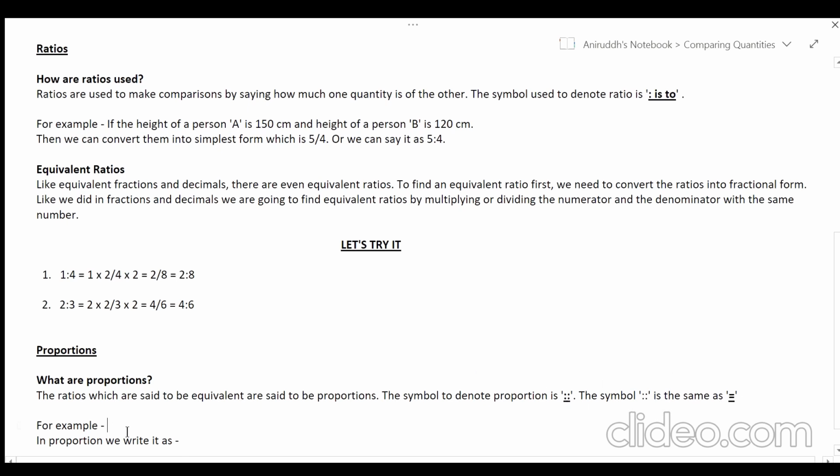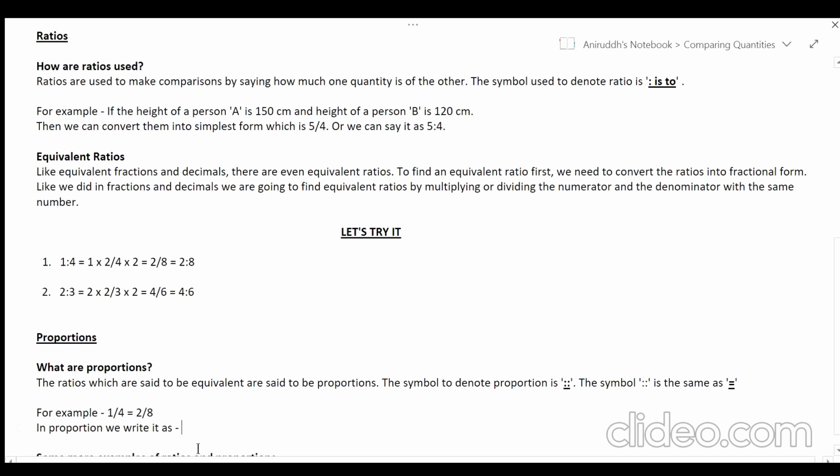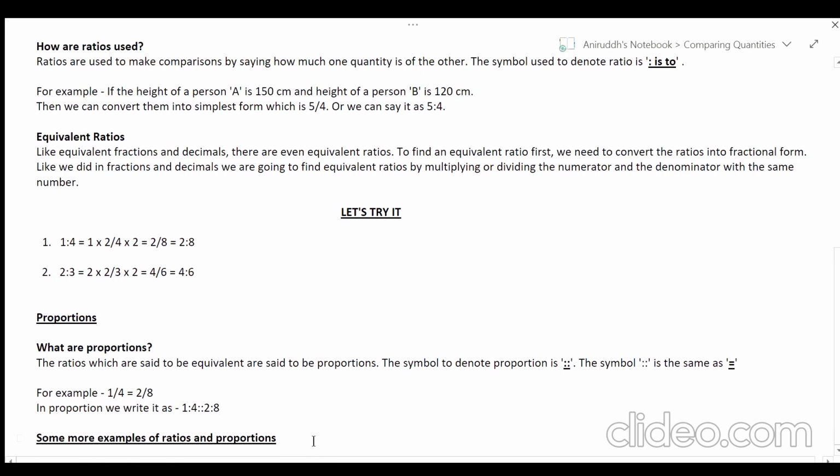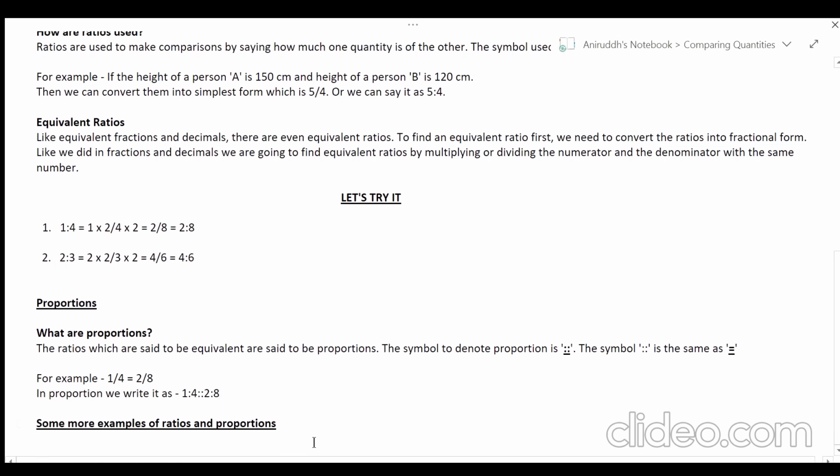For example, as we saw here, 1:4 and 2:8 are equivalent, so we'll take them. 1 by 4 is equal to 2 by 8. So in proportion we write it as 1:4 double colon 2:8. Now we'll try some more examples of ratios and proportions.